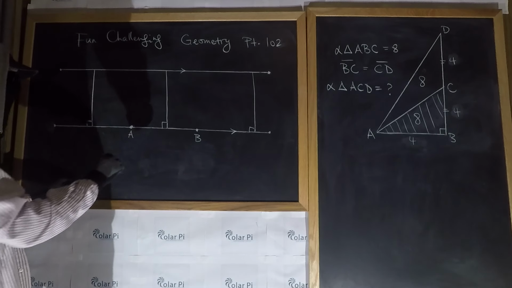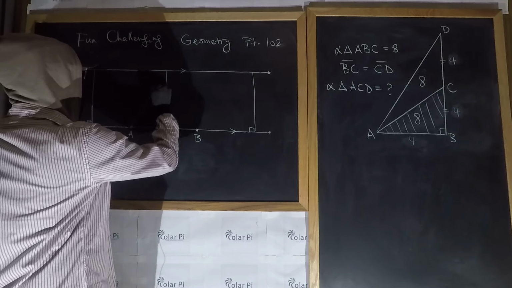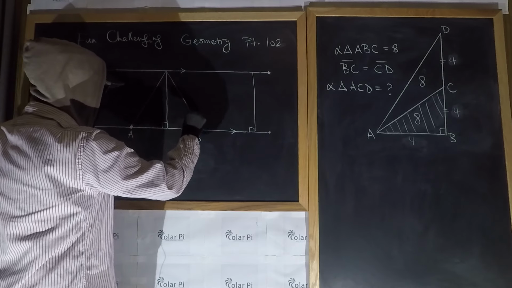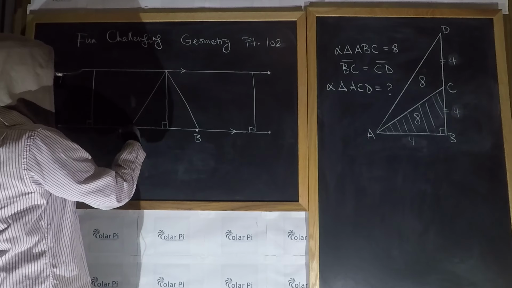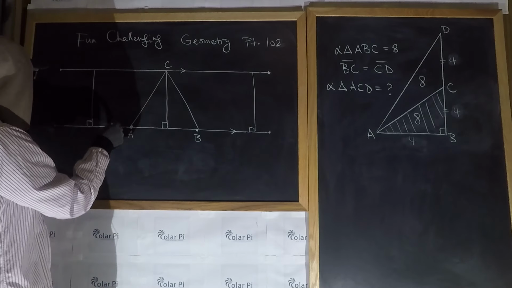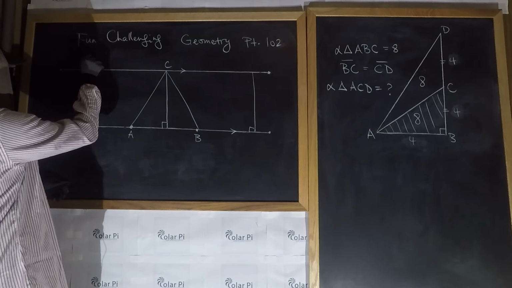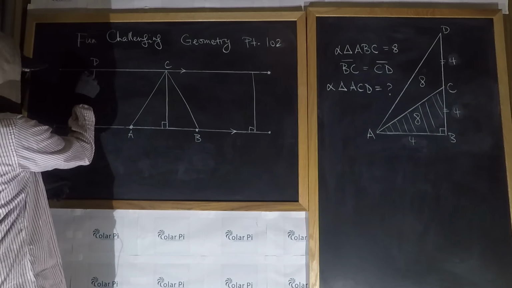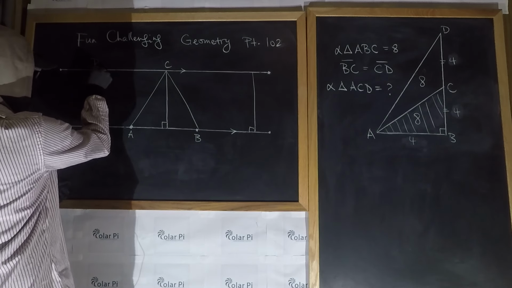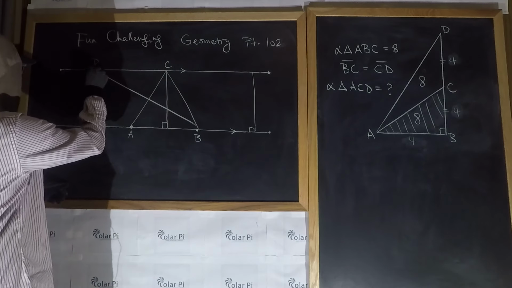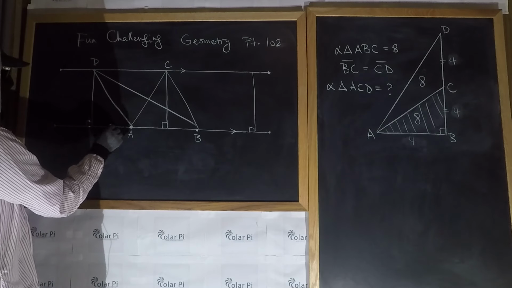Now, if we do this, then I've just formed one triangle, and let's call it ABC. And if we call this D, then I can form another triangle, this time by doing this, right? And I will shade the new one.